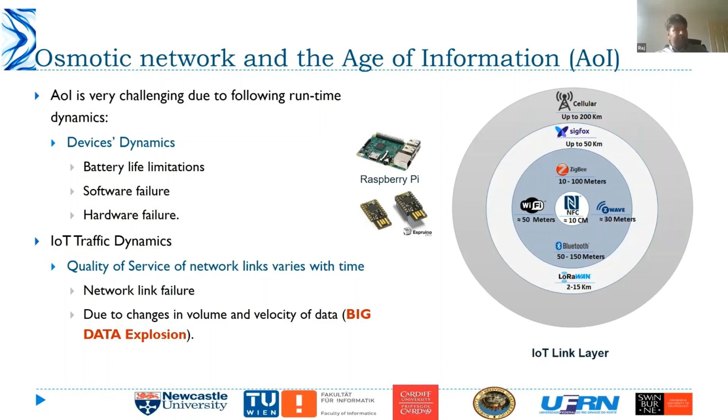So you need a lot of complicated network provisioning algorithms to make sure that you preserve the age of information, which is critical to your IoT application. This is another area of research that we are working on with Leeds University with Professor Zhu, and we are working on a paper on this topic in a collaborative way, and we believe this is a very important problem to solve in the context of IoT applications and the age of data.